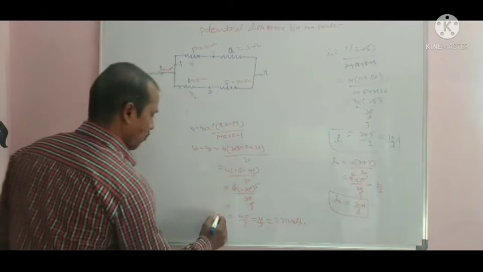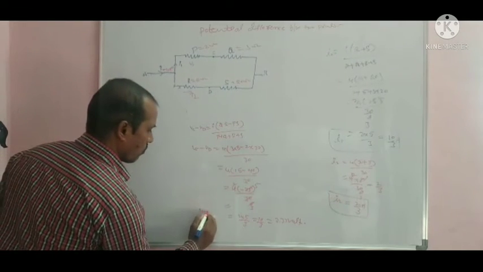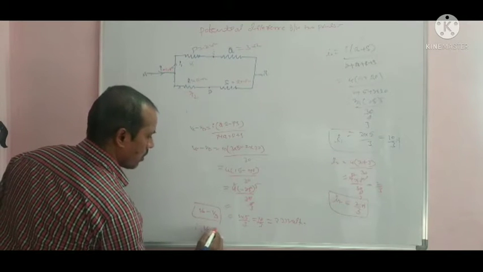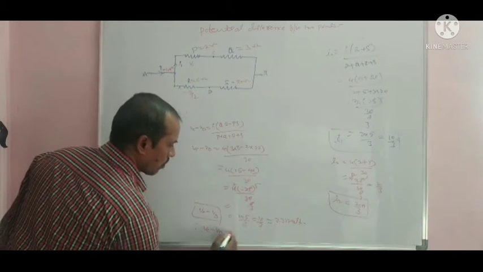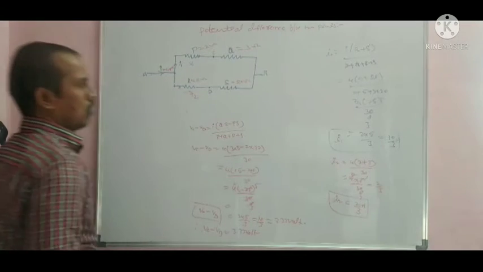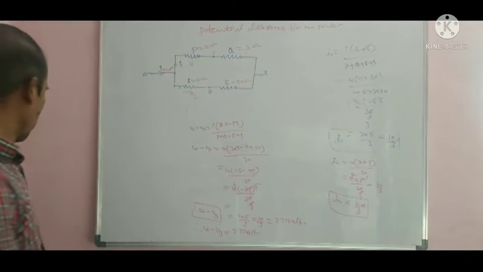This is the potential difference between C and D. Therefore VC minus VD is equal to 3.33 volt. Note it. Next one.